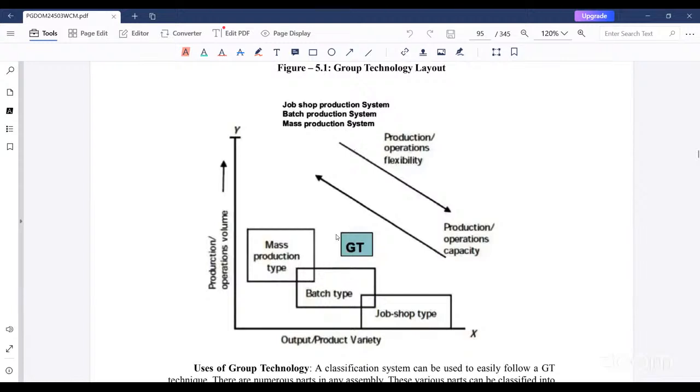Group technology is applicable only to the batch type. Here you can see the job shop production system, the group technology layout, the batch production system, and the mass production system. And the production operations flexibility may increase or decrease.